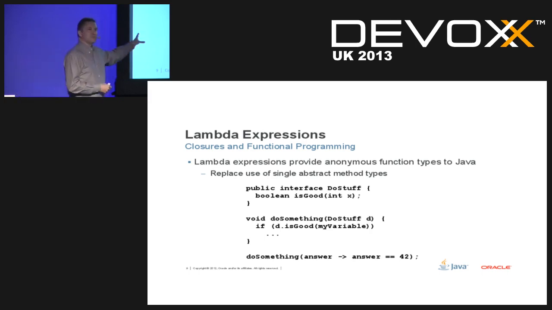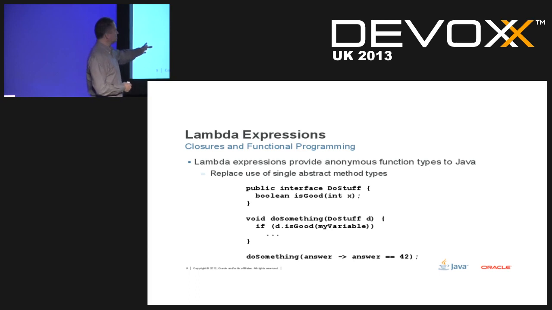What we're doing with Lambda expressions is allowing you to pass a method reference as a parameter, and doing that in such a way that we can treat it as an anonymous type.